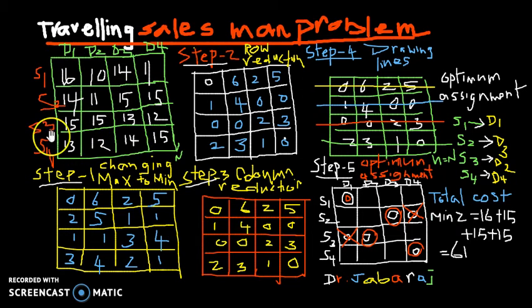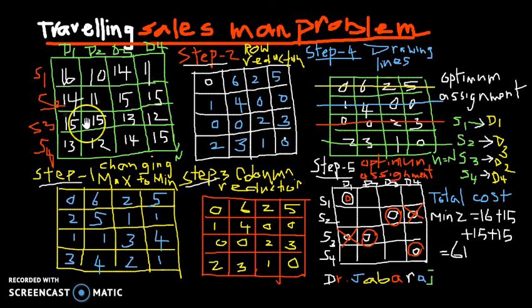Look at this matrix structure: 16 rupees, 15, 10, 11, 14, 13, 12. Among these, which is the maximum? 16 rupees is the maximum. Am I correct? Right. So this maximum, 16 rupees, we have identified.